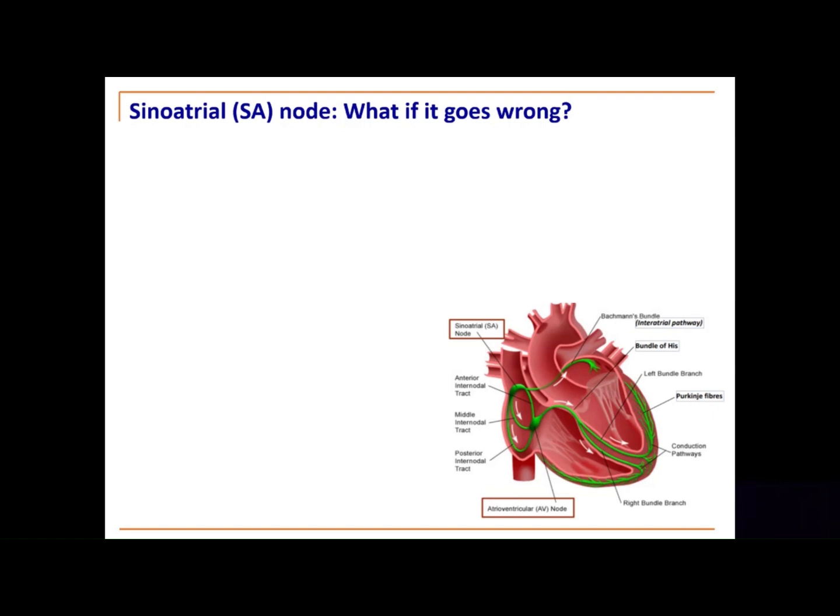So, like I said, what happens if it goes wrong? Well, the SA node we know is innervated by the parasympathetic nervous system and the sympathetic nervous system. And the balance between these systems controls the pacemaker rate. Parasympathetic input via the vagus nerve decreases SA node pacemaker rate and is dominant at rest.